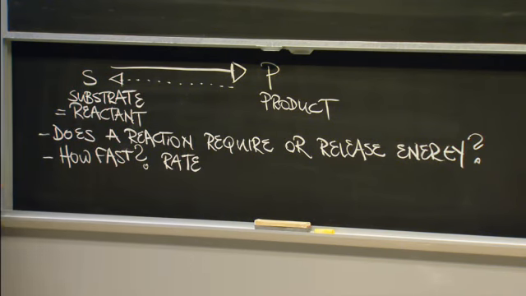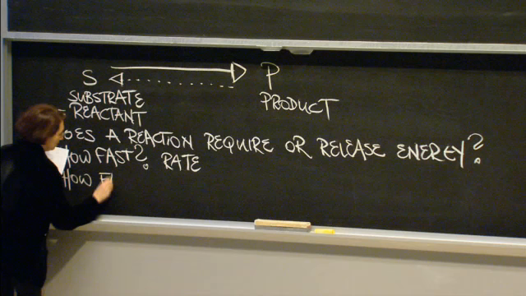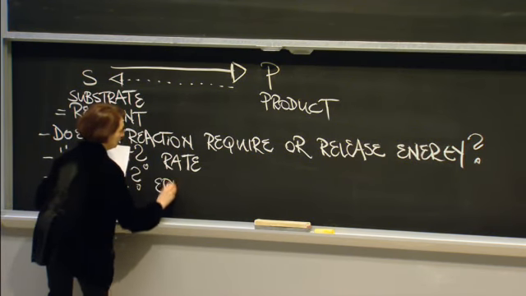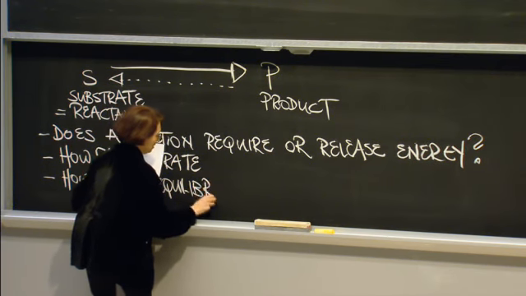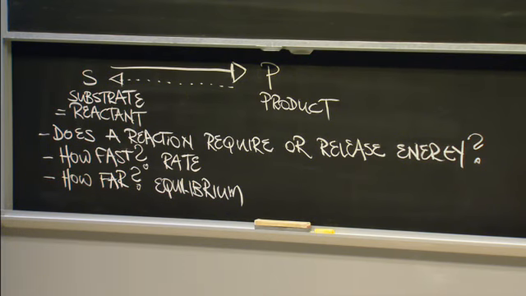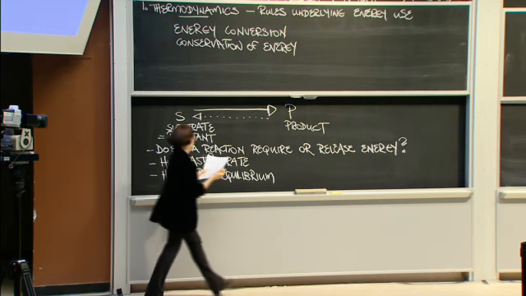Which is referred to as the rate of the reaction, and how far? Which refers to the equilibrium point. Equilibrium, where equilibrium is defined as the place where the forward rate and the back rate are equal.